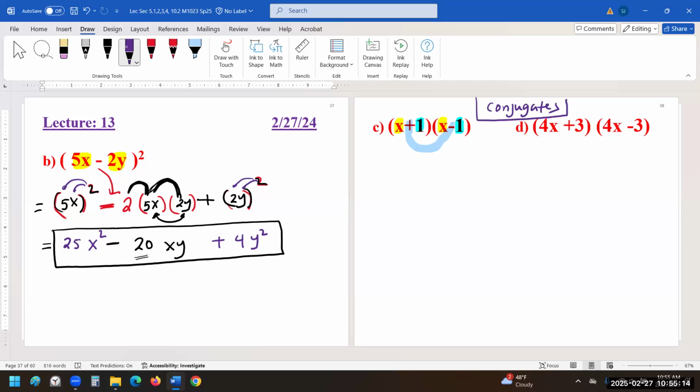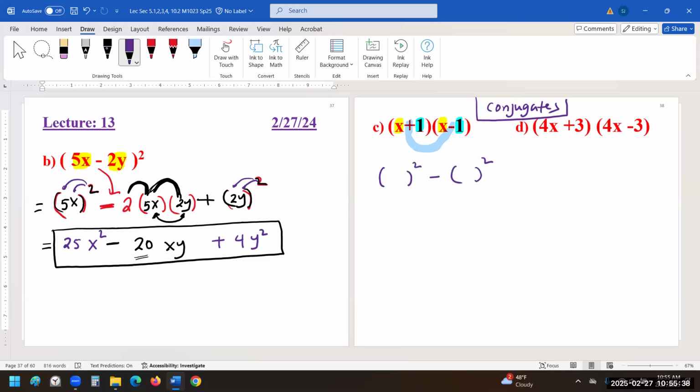Conjugates are like brothers and sisters, okay? They are two brothers and sisters. They always have the same family, only their middle sign is different. Now, when you multiply conjugates, we love them because their product gives us the first term squared minus second term squared.